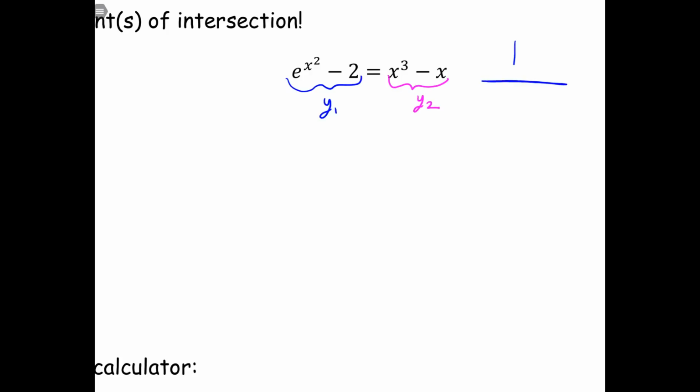If I think of a basic sketch of e to the x minus 2, it is going to be a quadratic. And then if I think of a basic sketch of x cubed minus x, that is going to be a cubic shape. And I know that the end behavior is going to go down and up, so down, up, and it should look something like this.